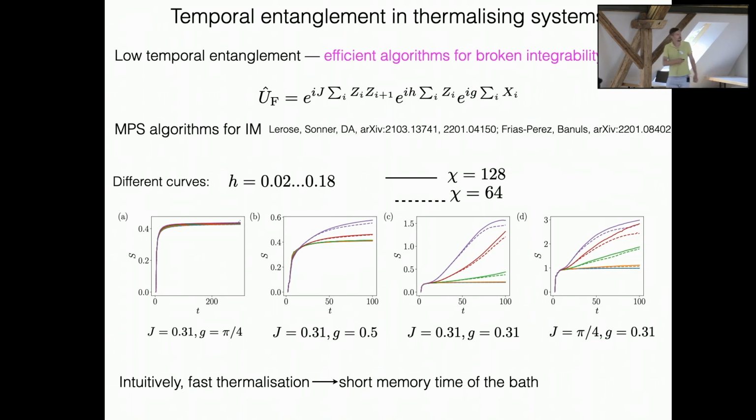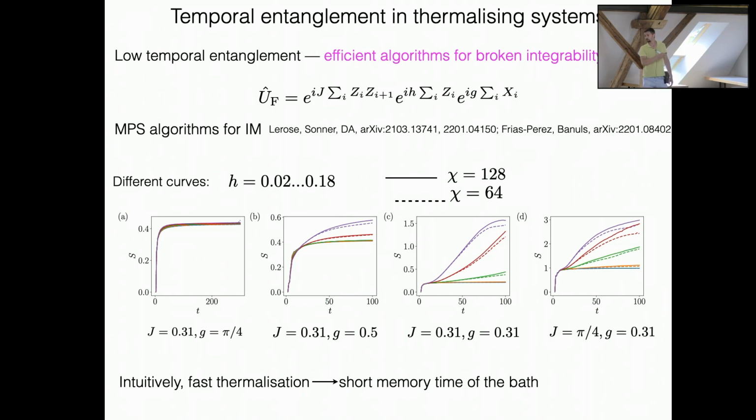Okay, good. And intuitively, you see here that this favorable scaling of temporal entanglement goes also into the regime where integrability is broken pretty strongly. And this is quite intuitive because if your system is thermalizing fast, you expect it to have a relatively short memory time and therefore short temporal correlations.